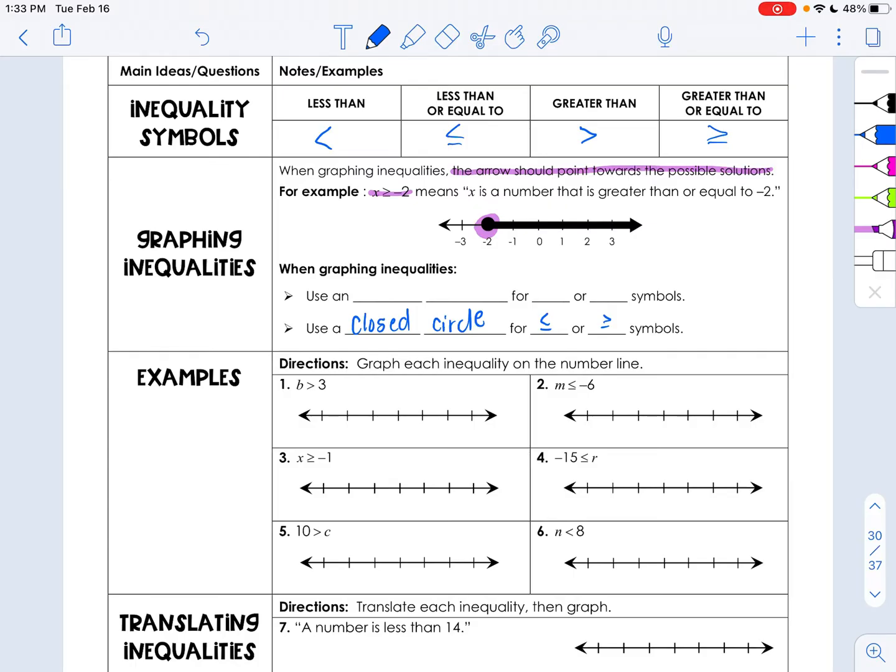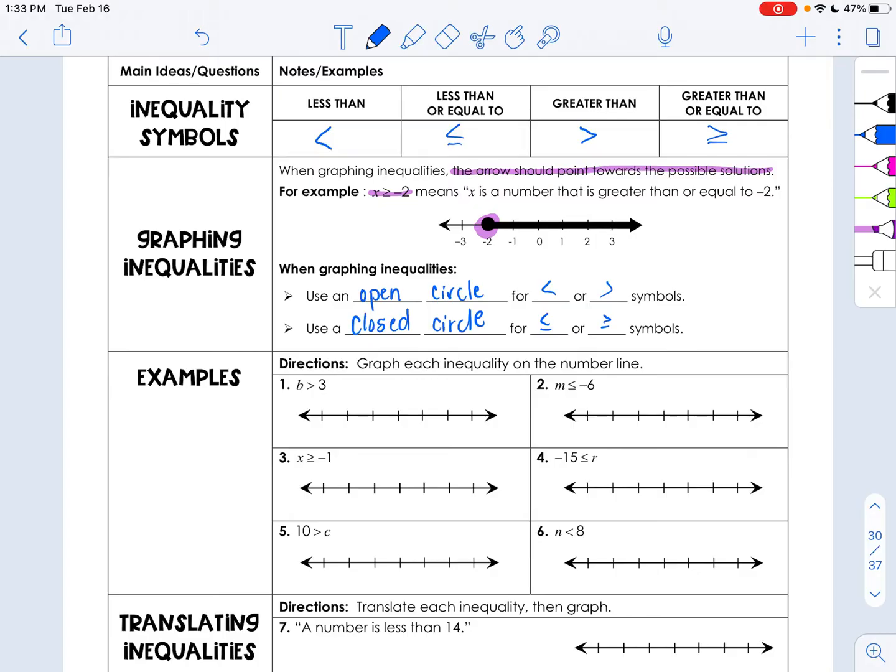This means that the number in the inequality statement is included in our solution. Now, if the number in our statement was not included, that means we use the less than or greater than symbol. It does not have the equals. In this case, we would use an open circle.